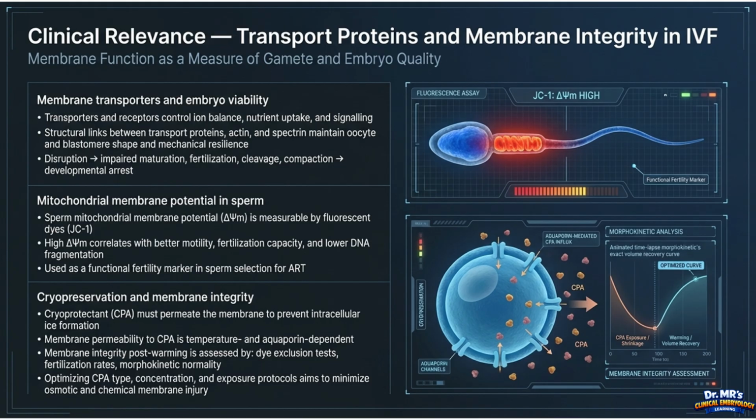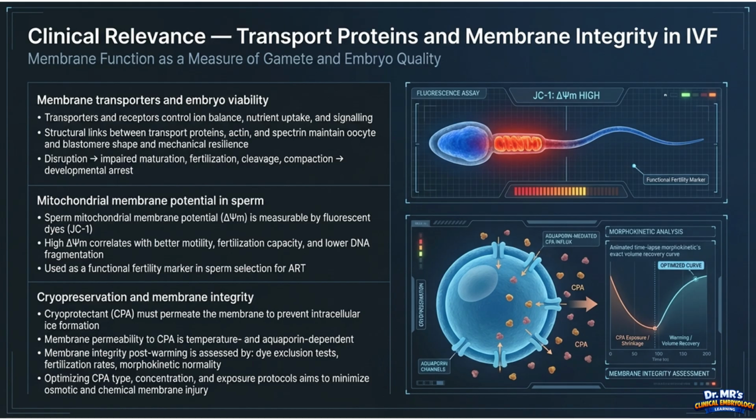Sperm mitochondrial membrane potential provides one of the most direct functional readouts of sperm quality currently available. The mitochondrial membrane potential, which reflects the electrochemical gradient across the inner mitochondrial membrane, is a measure of mitochondrial activity and adenosine triphosphate generation capacity. It can be quantified using fluorescent dyes such as JC1, which changes fluorescence emission depending on membrane potential.